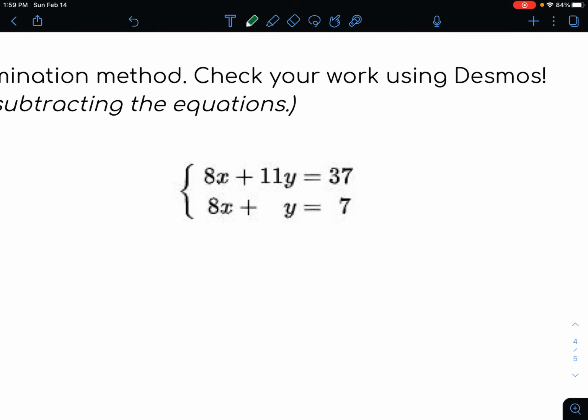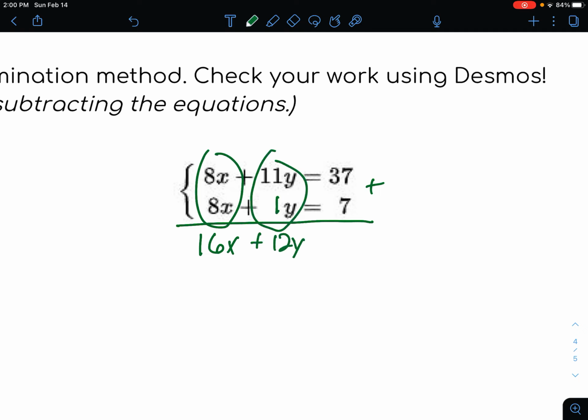All right. Now again, would adding or subtracting these equations eliminate one of the variables? If I did the same thing as I did before and say, okay, let's add these equations together, that gives me 16x. Remember, this is like 1y, so that'd be 12y, and that would be 44.